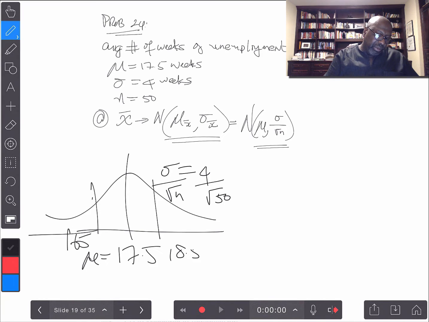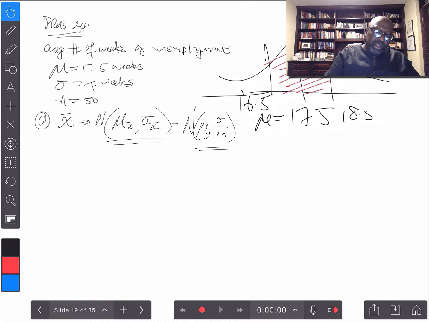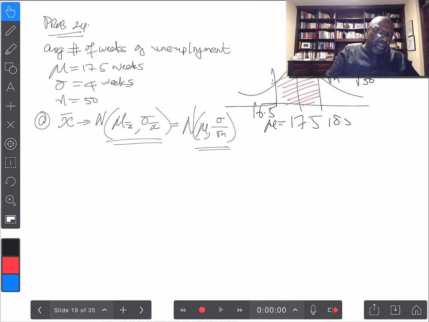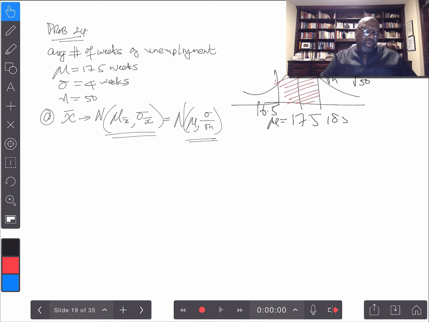So technically, what I'm interested in is the probability of being between 16.5 weeks and 18.5 weeks. If I took a random sample of 50 unemployed individuals, what's the probability that the average unemployment will be between 16.5 and 18.5 weeks?